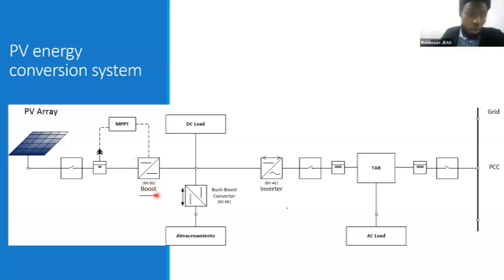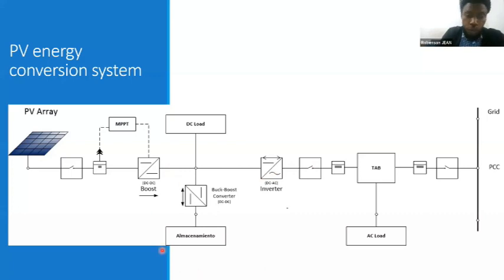And this boost converter, as I said before, is to adjust the voltage in order to put it at the level of the input of our inverter. So that's what I was talking about, so we can address the coupling voltage. If the output voltage of the PV array is not equal to the coupling voltage of the inverter, we should use a DC-DC converter in order to make this adjustment.